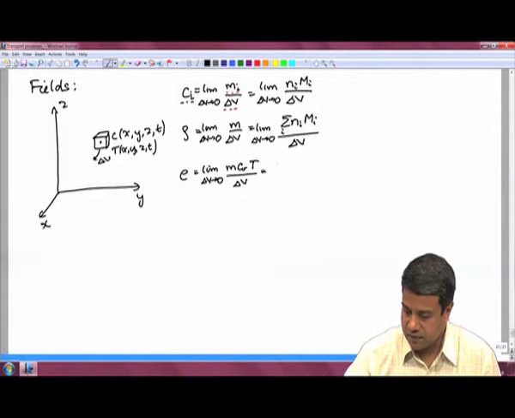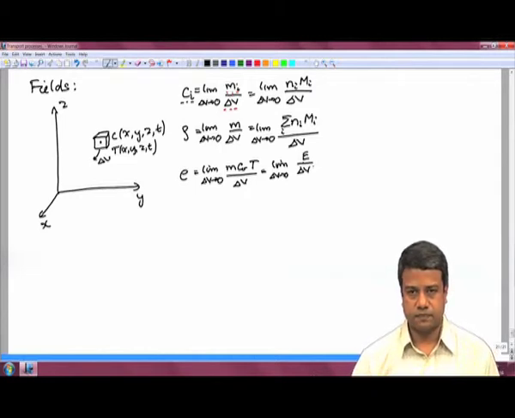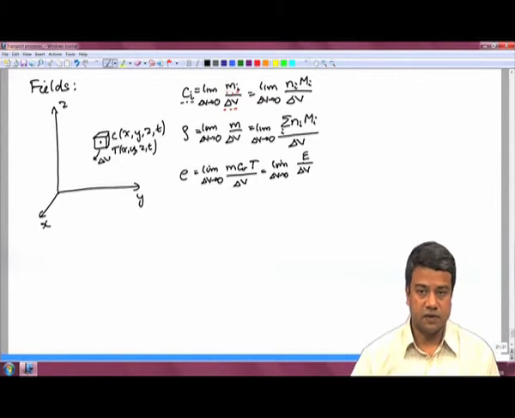This is actually equal to the limit as delta V goes to 0 of the total internal energy within this volume divided by delta V. So, we will take the internal energy of each of these molecules and divide by delta V. If you had a monatomic gas, for example, the internal energy would be just due to the translational degrees of freedom itself.